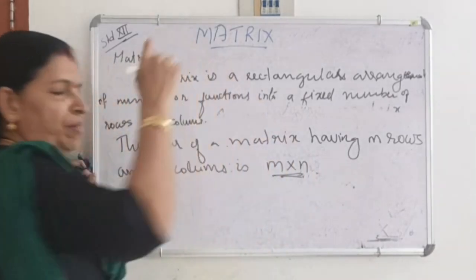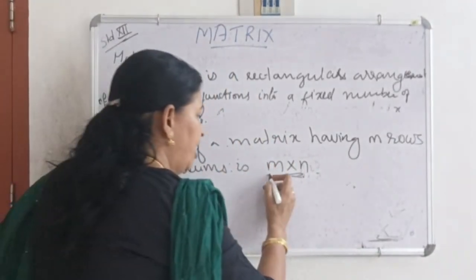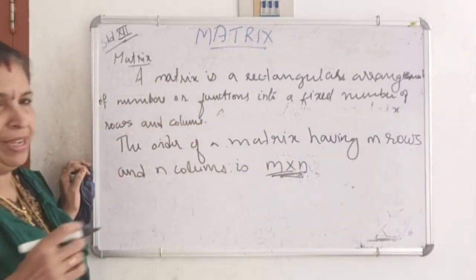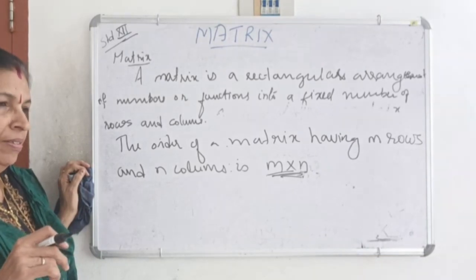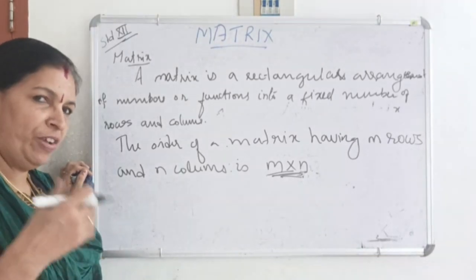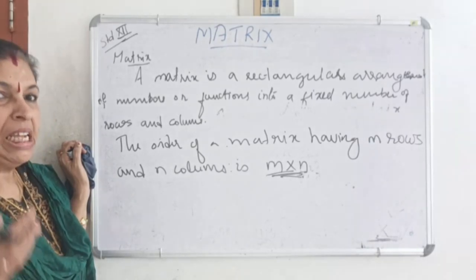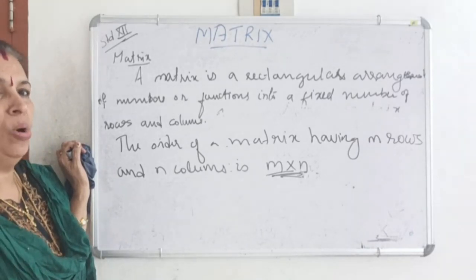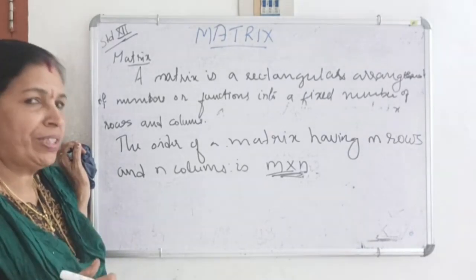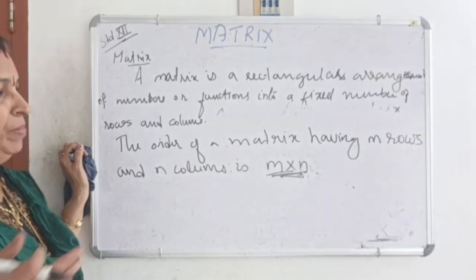We write it as m into n, but we read it as m by n. That is, when we say the order of a matrix is m by n, it means there are m rows and n columns in that matrix.